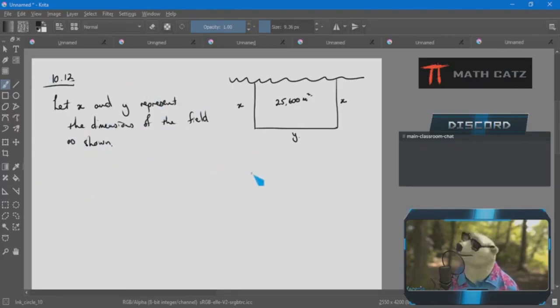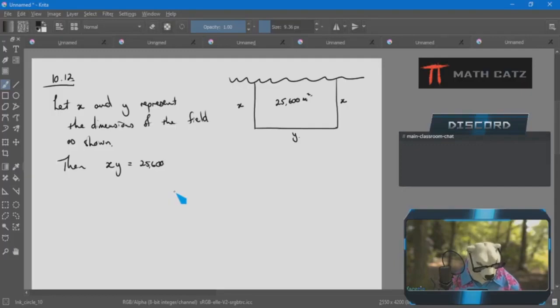My picture can help my sentence, but it does not stand alone. Right. Then I have the area there. I already have a number, so that's totally fine. They tell me that the area, so x times y, has to be 25,600. I don't need an area variable because it's a fixed number.